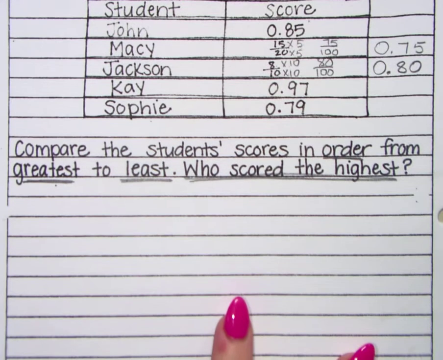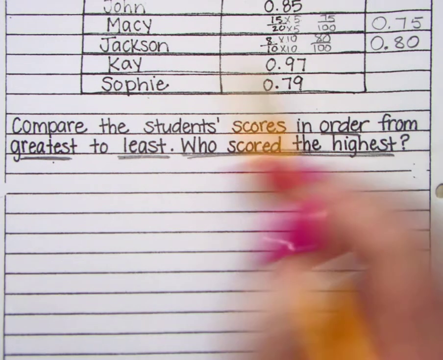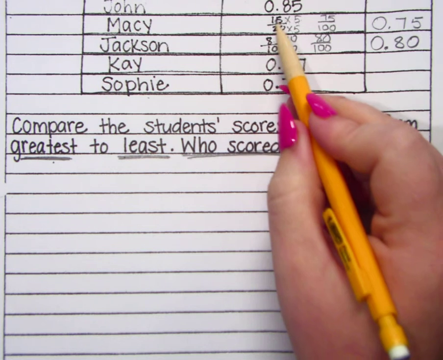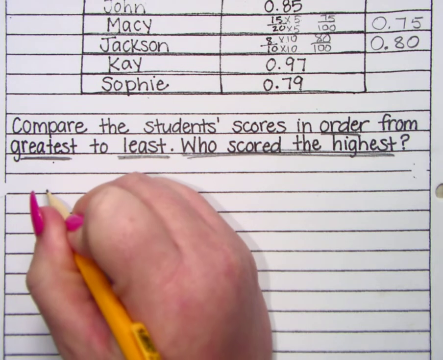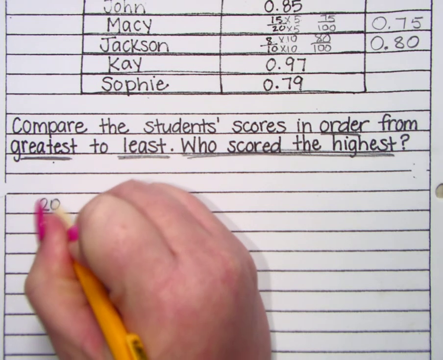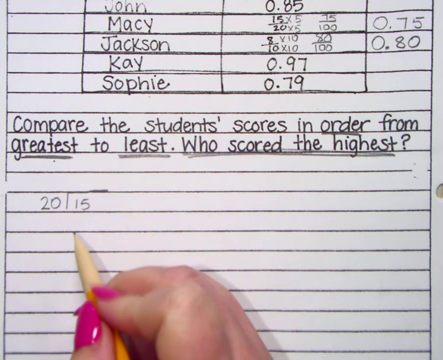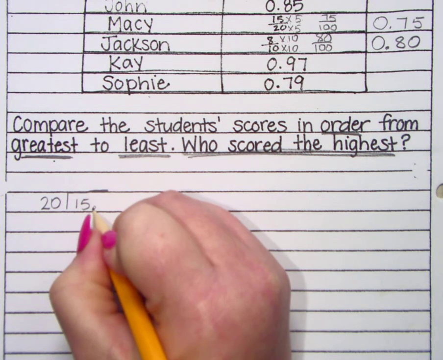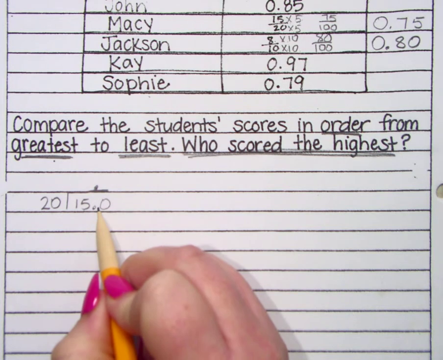Now, you could have also used what we did yesterday and changed your fractions into decimals, where we divide our numerator by our denominator. So here, if I said 15 divided by 20, remember 15 goes on the inside. Well, 20 won't go into 15, so I add a decimal 0, carry that decimal up top. 20 will go into 150.